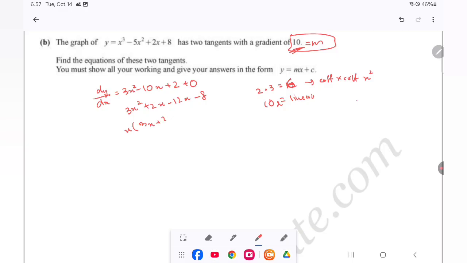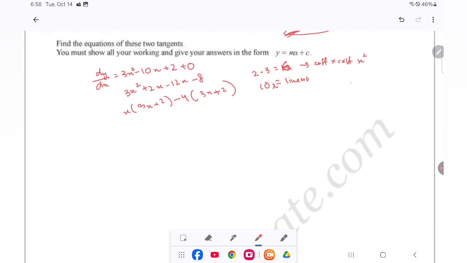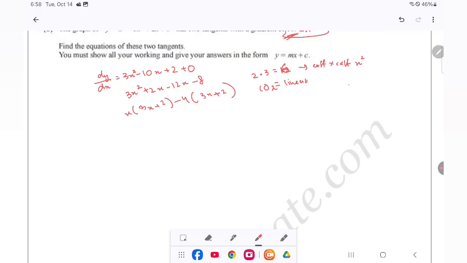Taking common, 3x plus 2 because we take the minus sign common. Now x minus 4 is equal to 0 and 3x plus 2 is equal to 0. Adding 4 on both sides, x is equal to 4. Subtracting 2 on both sides and dividing both sides by 3.